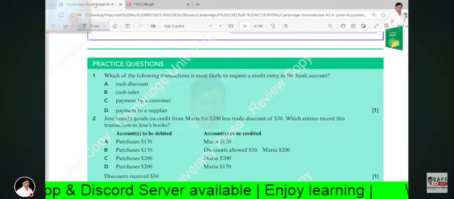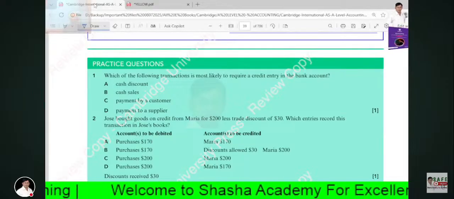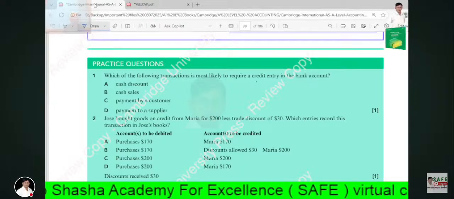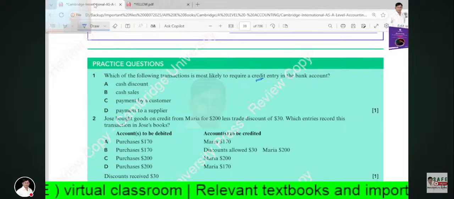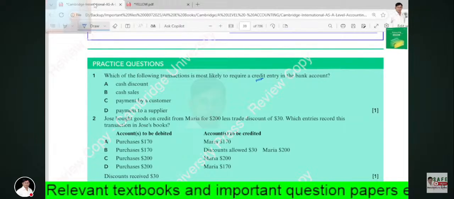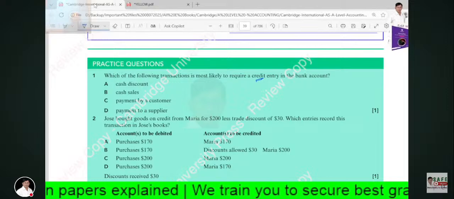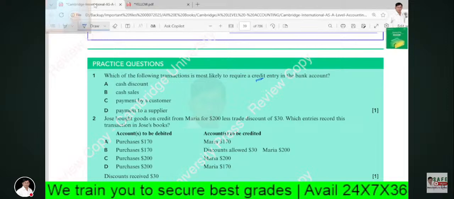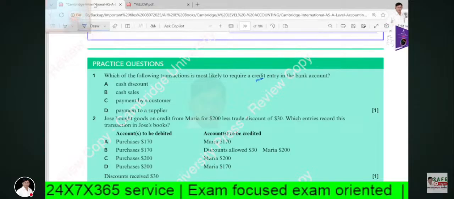Which of the following transactions is most likely to require a credit entry in the bank account? Credit entry in the bank account is nothing but payment. Cash discount will not come because money doesn't go or come in. Cash sales, money doesn't go or come in.